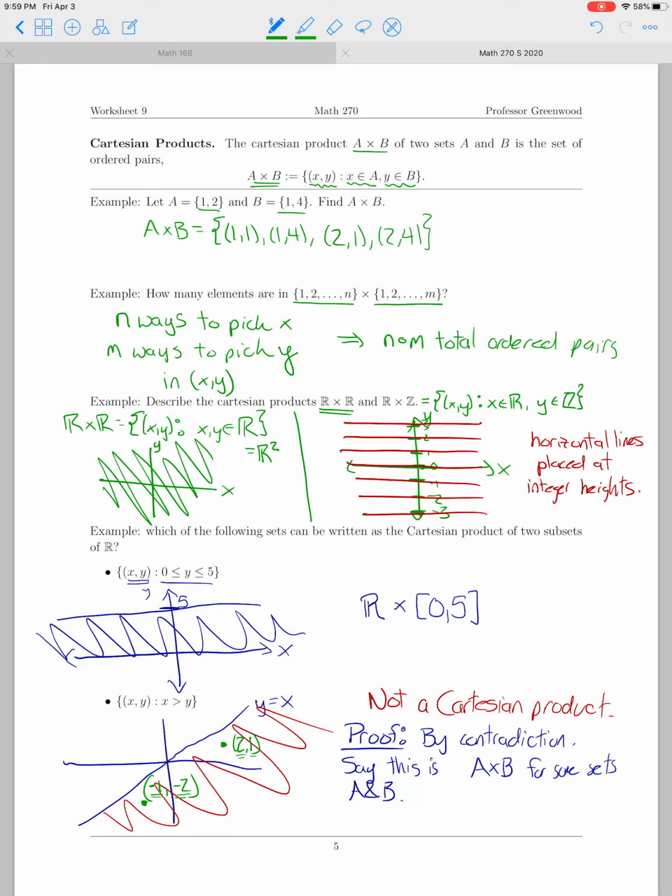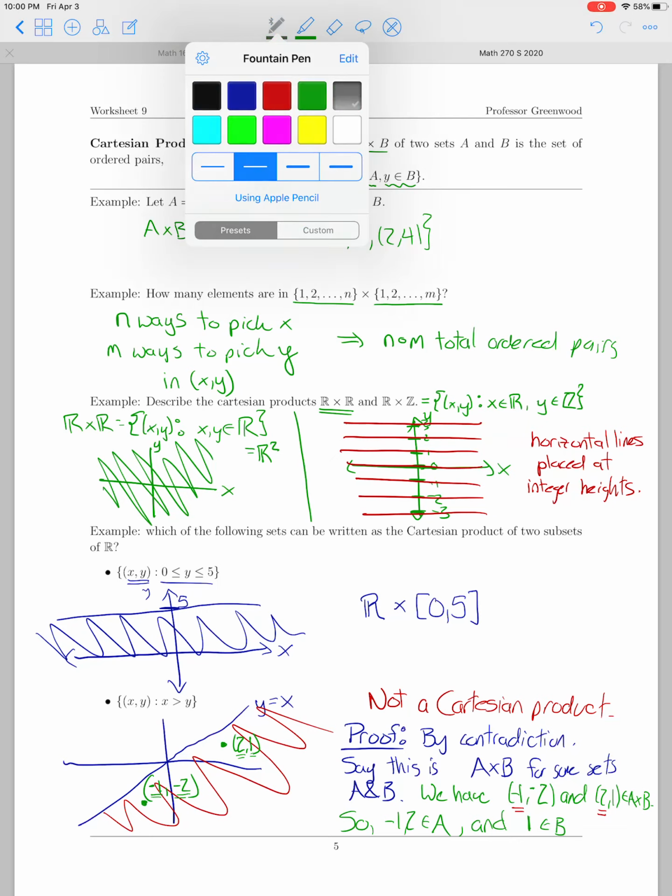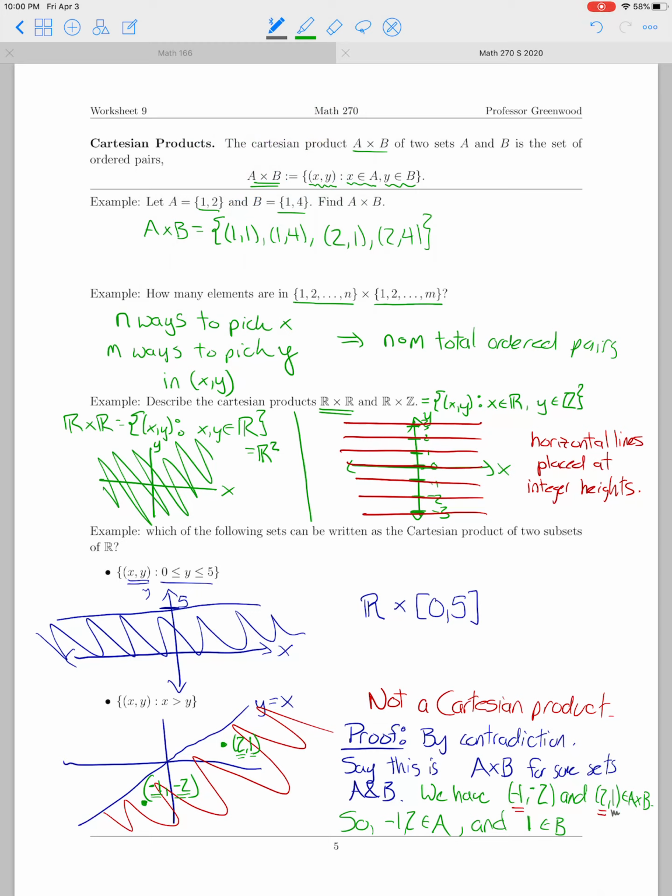Okay, and so we know that we have that (-1, -2) and (2, 1) are both in A cross B. Right, and so if that's the case, though, then that means that -1 and 2 both have to be in A. And also, we would know that 1 is in B, just by checking out the second coordinate of this value right here.